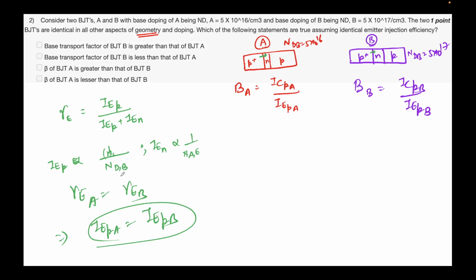I know the NDB is different, in fact one order different, but the base transport factor is essentially a ratio, and the ratio matters, not the absolute number.